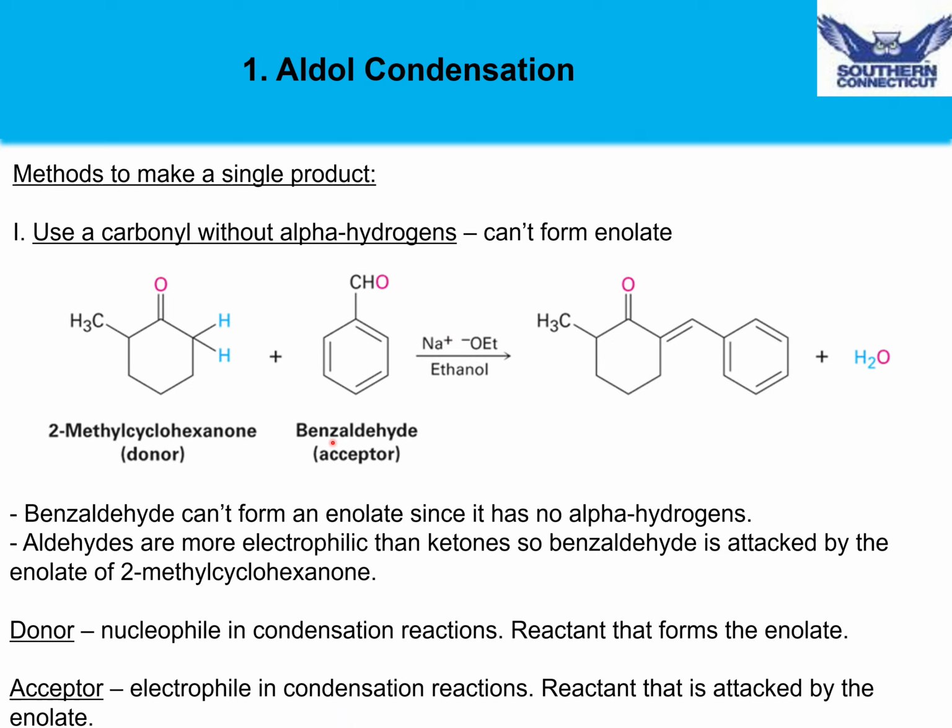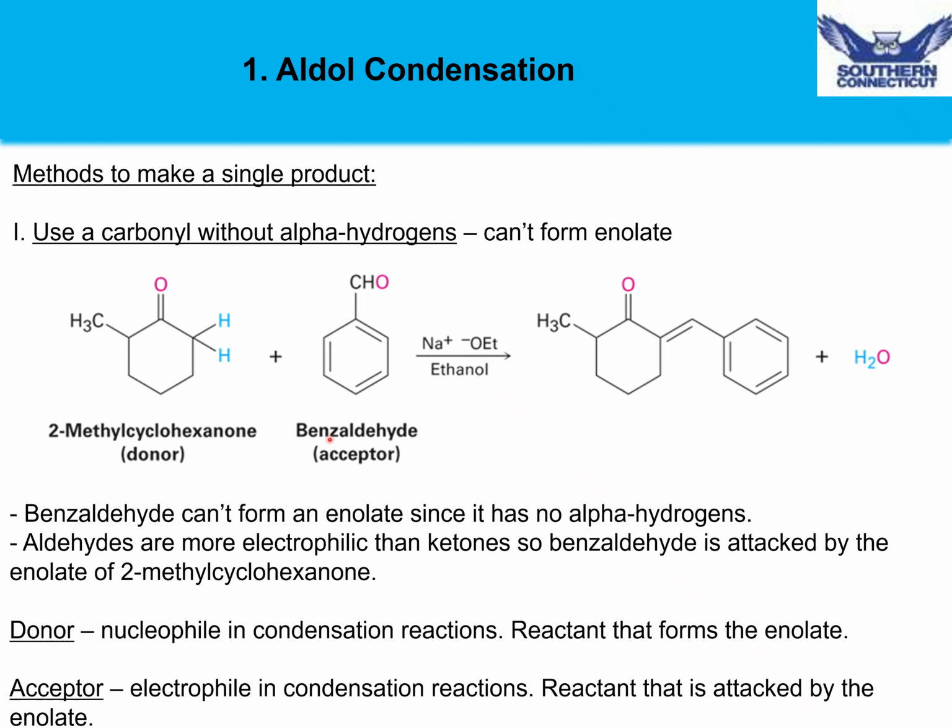One of the methods that we can use to obtain a single aldol product from the cross-aldol reaction is to use one carbonyl partner that does not have alpha hydrogens and therefore can't form the enolate. That immediately reduces the number of possible products from 4 to 2.